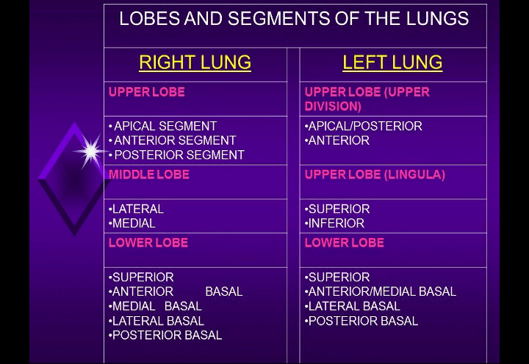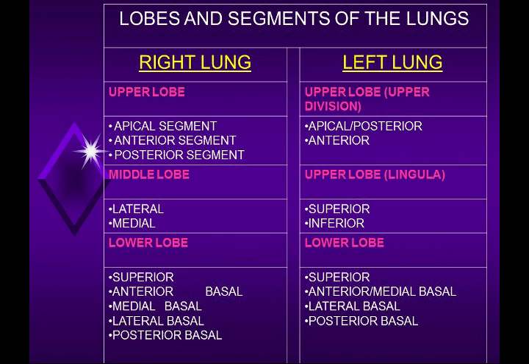Left lung, the upper lobe is broken up into 2 divisions. The upper division, and notice what it did is it kind of took 2 of the segments on the right and branched them together. So it has an apical posterior segment and an anterior segment. And the upper lobe lower division is known as the lingula. Love that word.